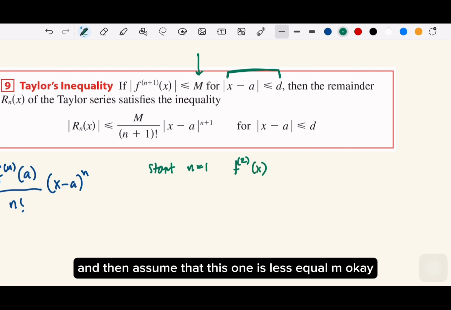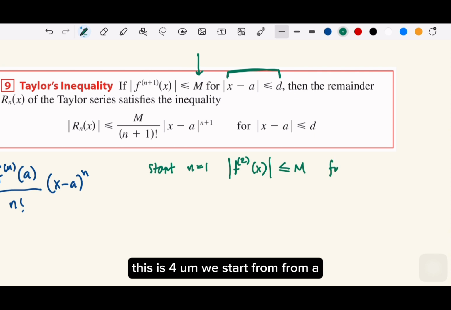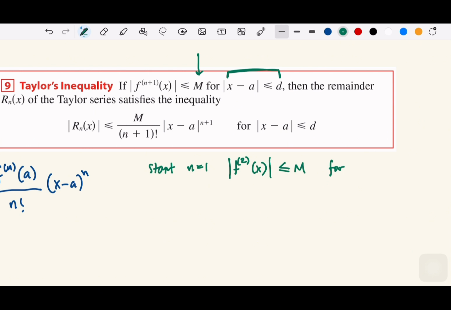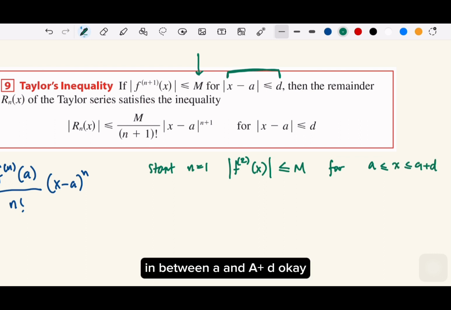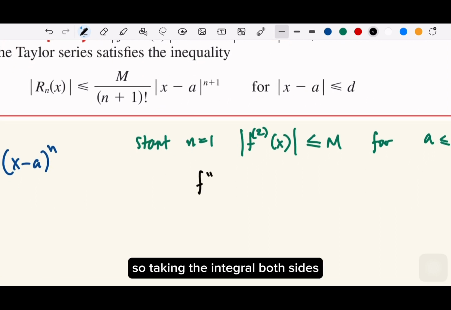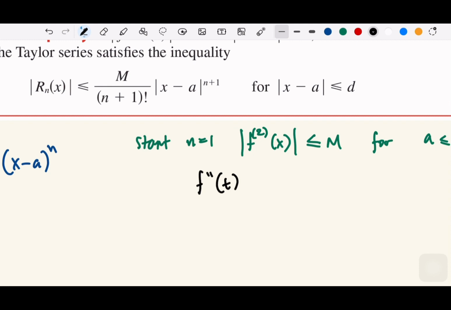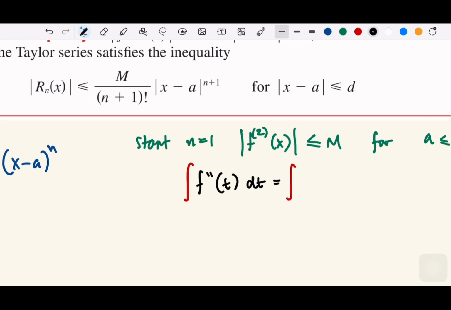And then assume that this one is less than or equal to M. We start from a, and then we add d, so the x will be in between a and a plus d. So taking the integral of both sides, taking the integral of this dt, and then taking the integral of M.